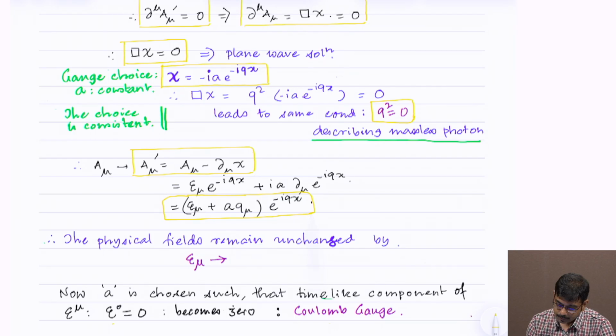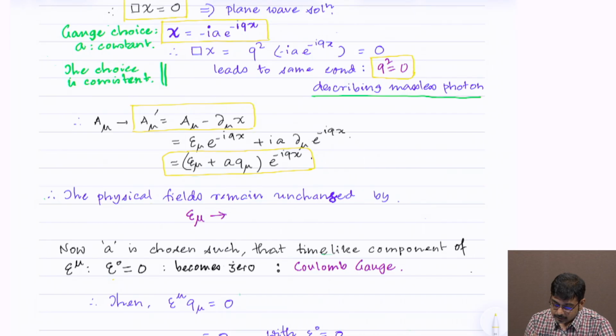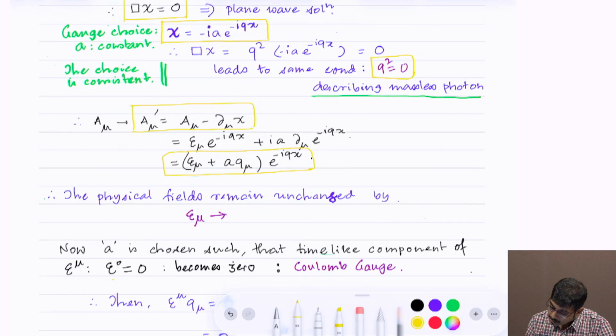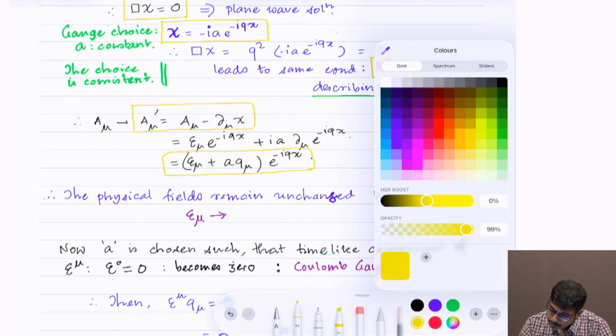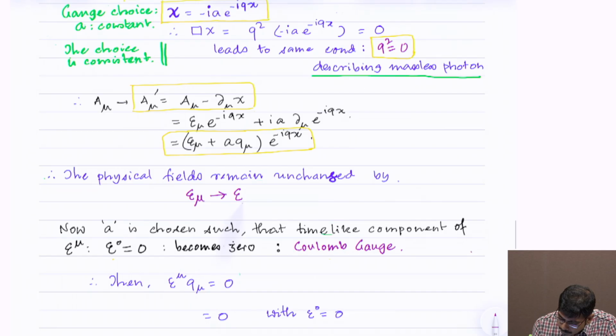So, this is exactly what the form of epsilon mu prime becomes. So, if I translate this whole mathematical exercise into the physical world, it basically means that if you do a transformation of epsilon mu to epsilon mu plus a q mu, then nothing will change.